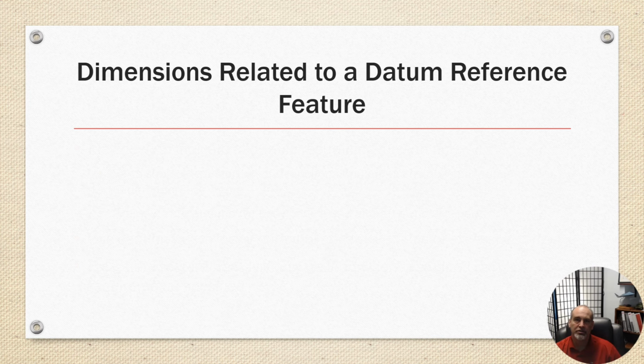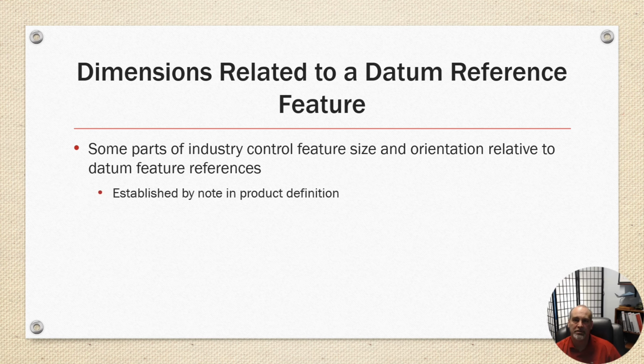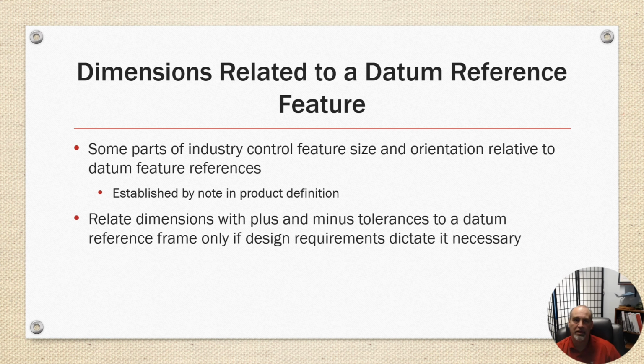Dimensions related to a datum reference frame. Some parts of industry control feature size and orientation relative to datum feature references, established by a note in the product definition, and relate dimensions with plus and minus tolerances to a datum reference frame only if design requirements dictate it necessary.